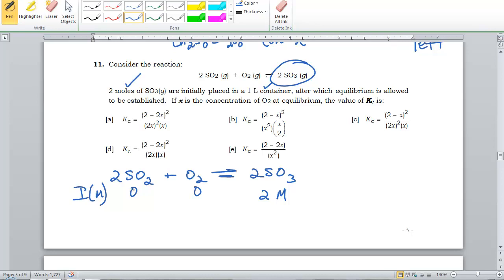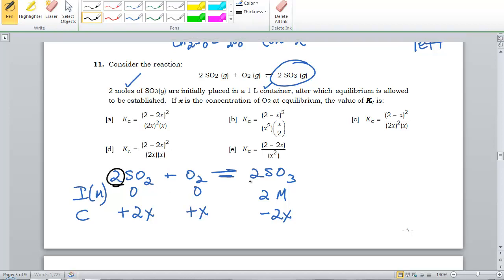Some will lie far to the right and we'll end up with mostly product. But we're going to have some of each. So we can't have 0. So this reaction has to shift. Product is going to have to produce reactant in this case. Watch your coefficients. You're going to see them in the x term, and you're also going to see them in the exponent.